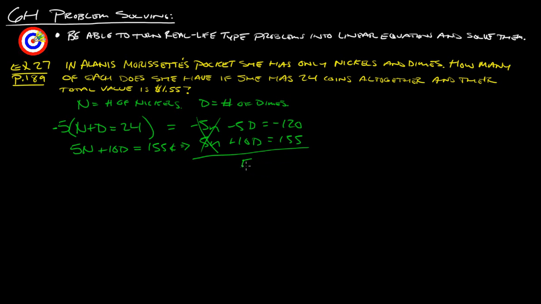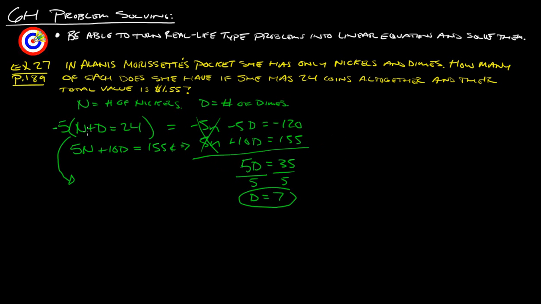When I add those together, that goes away and we get 5d equals, let's see, 155 minus 120 is 35, right? So divide both of these by 5 and we get that the dimes should be 7, right?